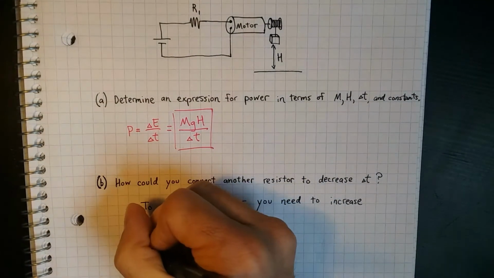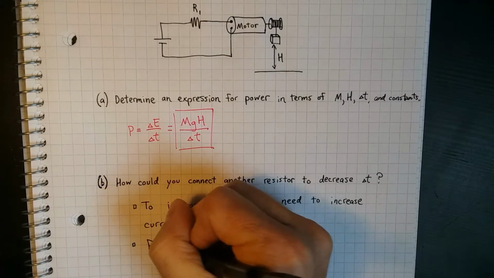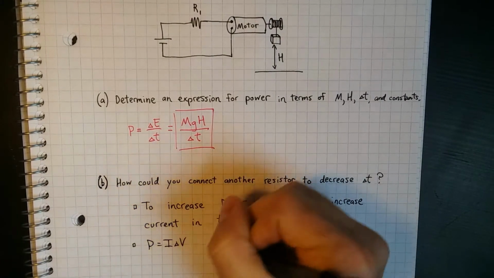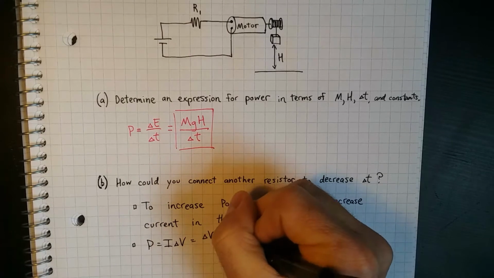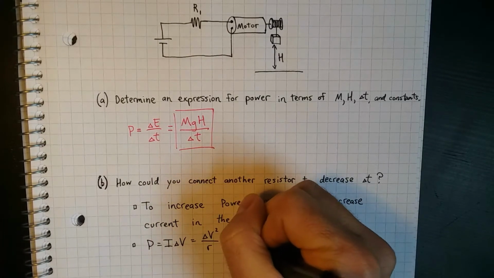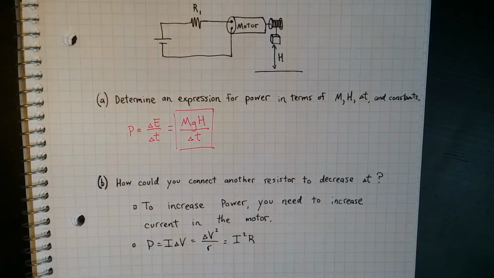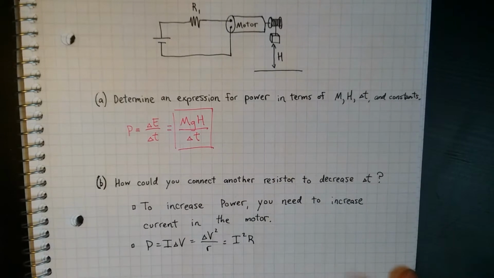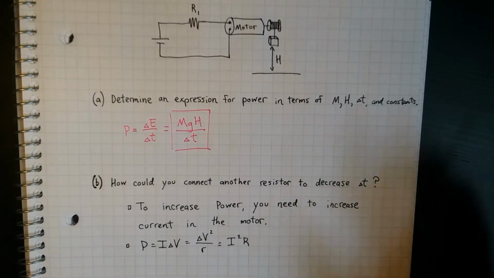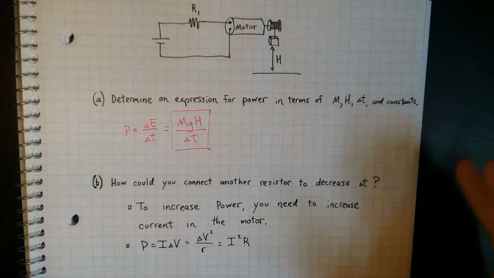And electrical power is P equals I delta V, or delta V squared over R, or I squared R. And I want this motor to be doing more, and I want to have more current be delivered to it. That's more charges, more electrical potential energy.